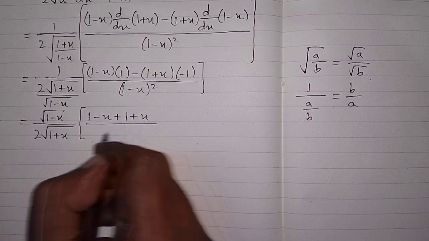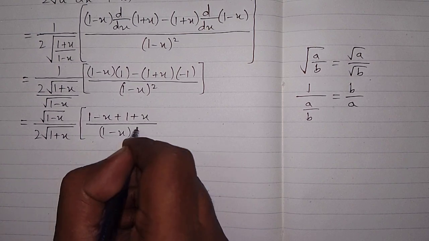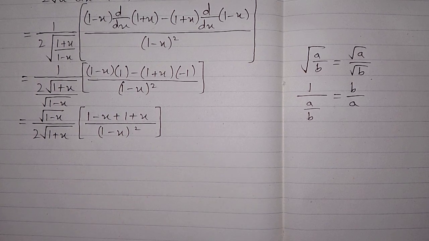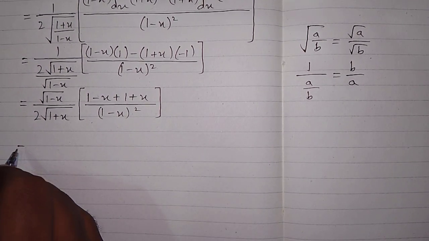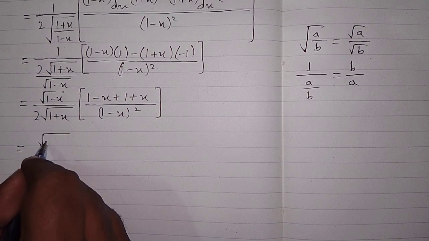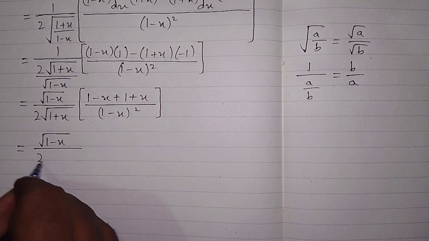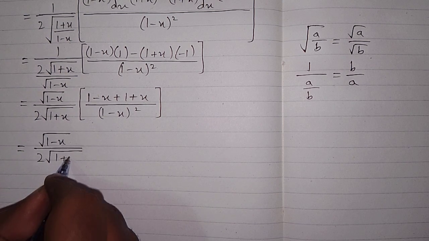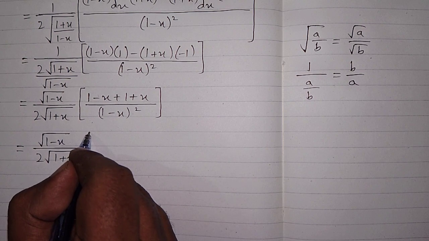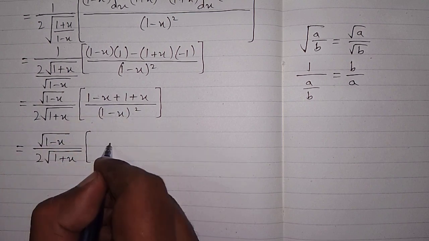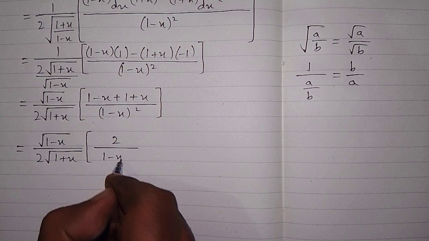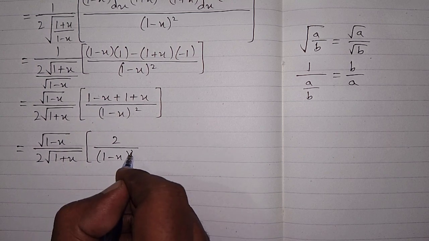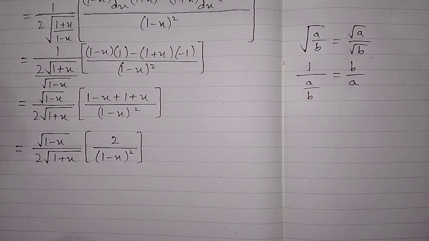So we have this thing, and then we have square root of 1 minus x upon 2 square root of 1 plus x. 1 plus 1 is 2, minus x plus x is 0, and in the denominator we have (1 minus x) whole square.